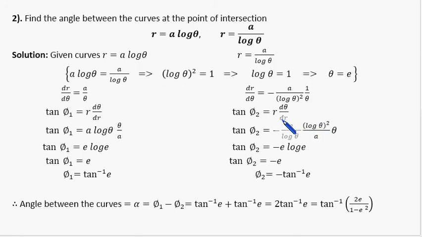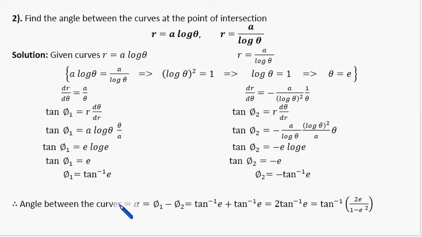Here a gets cancelled in the numerator and denominator, and log theta whole square is also cancelled. So this term is minus e into log e. Then substituting theta is equal to e, log e base e is 1. So tan phi2 is equal to minus e. So the other angle phi2 is equal to minus tan inverse of e.